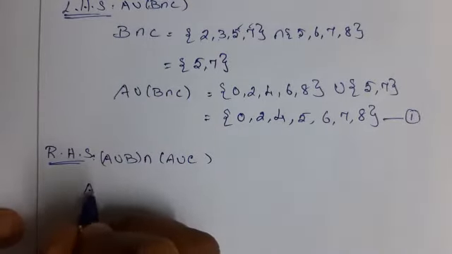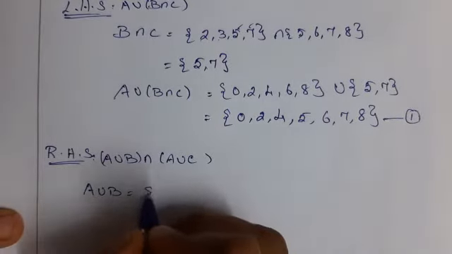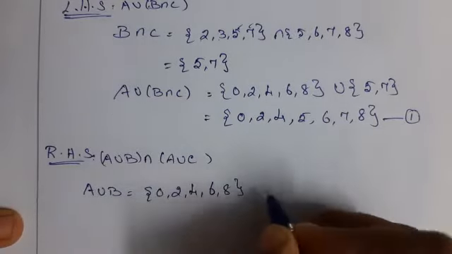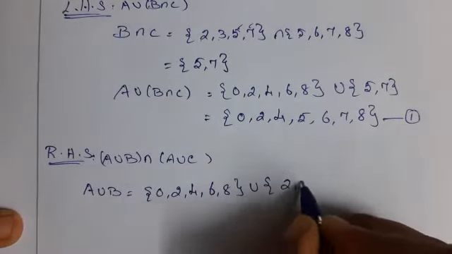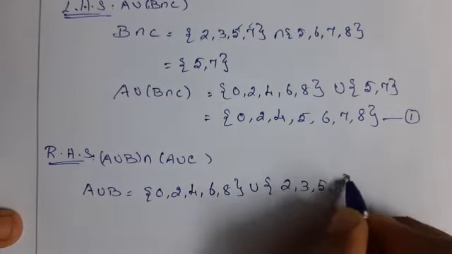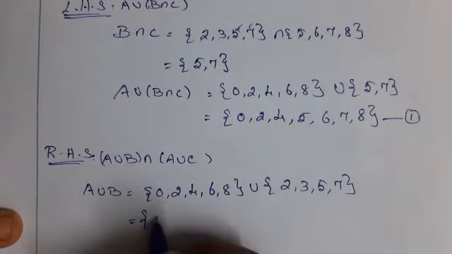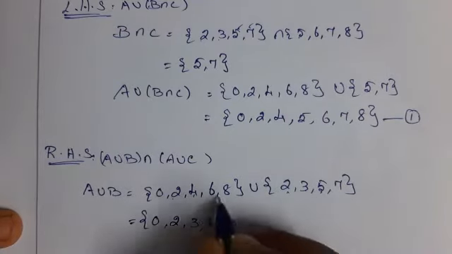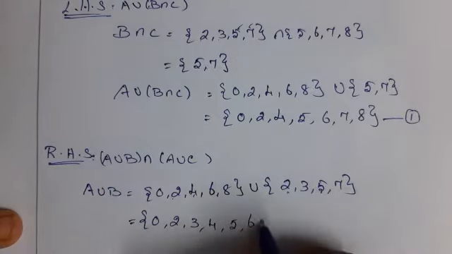First find A union B: 0, 2, 4, 6, 8 union 2, 3, 5, 7. Write all the elements: 0, 2, 3, 4, 5, 6, 7, 8.